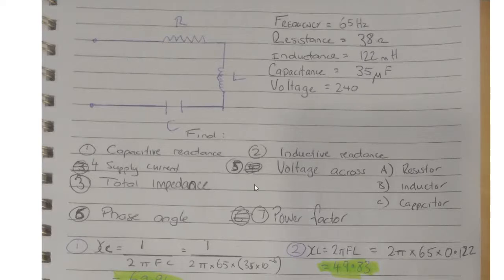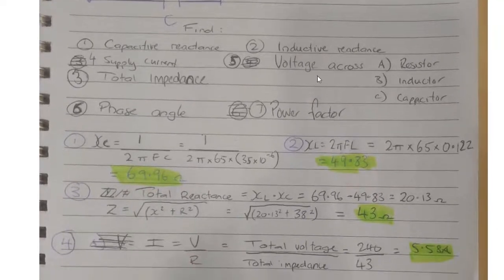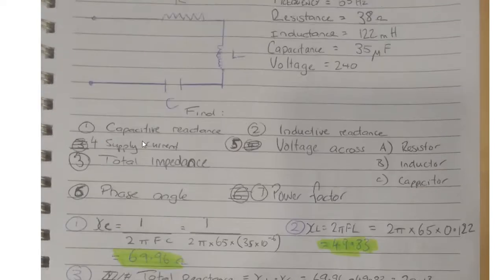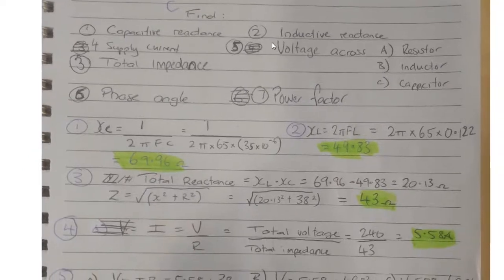So we've asked a series of questions. Apologies again for my sloppy note taking. I got the numbering wrong, but you can just ignore that. So it's asking us to find first capacitive reactance, second inductive reactance, third total impedance, fourth the supply current, so that's how much current is flowing through the circuit. 5 will be 3 parts, the voltage across the resistor, the inductor, and the capacitor. 6 is the phase angle.